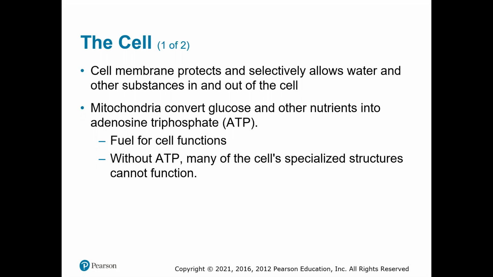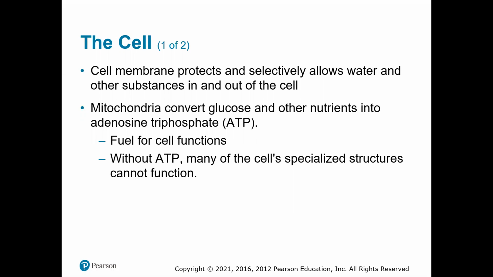The mitochondria will convert glucose and other nutrients into what we call ATP. You think of it like glucose is like crude oil. They take it out of the ground, really can't be that useful. They can make some things out of the crude oil. You can light it on fire.